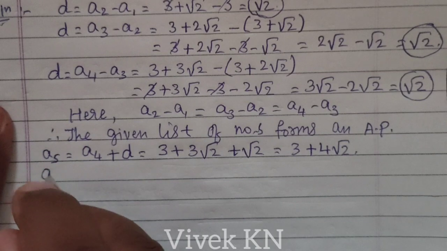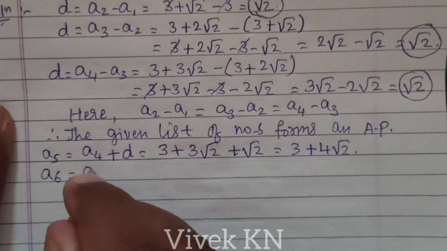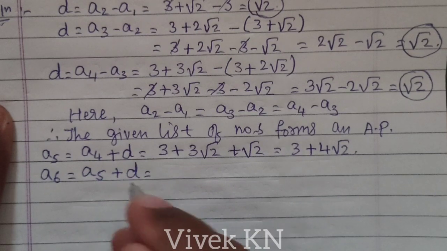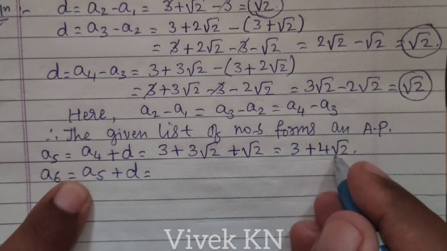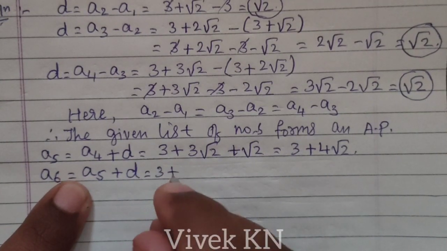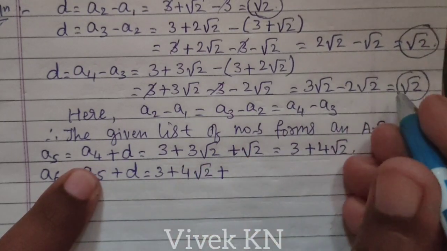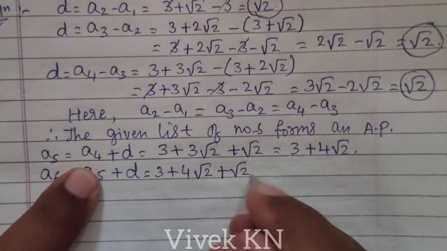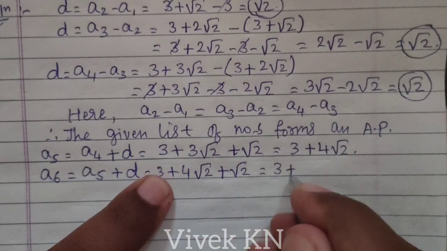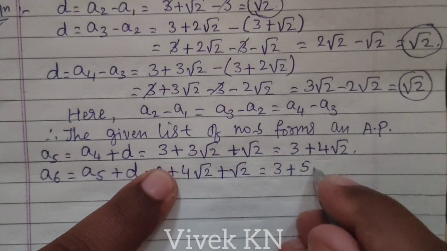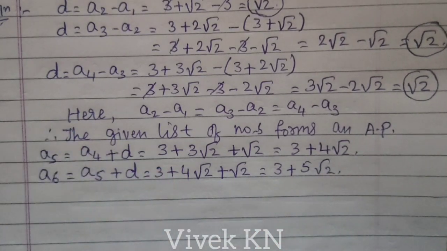Next, a6 is obtained by adding common difference to the 5th term. Here 5th term is 3 plus 4 root 2, plus common difference root 2, is equal to 3 plus, adding 4 root 2 and root 2 we get 5 root 2.